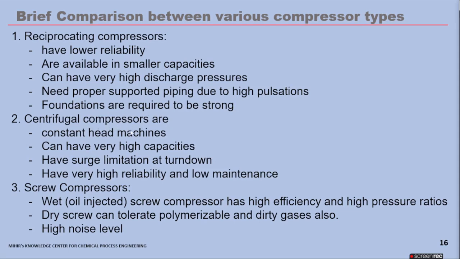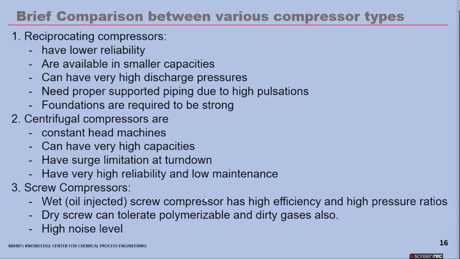Centrifugal compressors are constant head machines, can have very high capacities, have surge limitation at turn down, and have very high reliability and low maintenance. Screw compressors. Wet oil injected screw compressor has high efficiency and high pressure ratios.